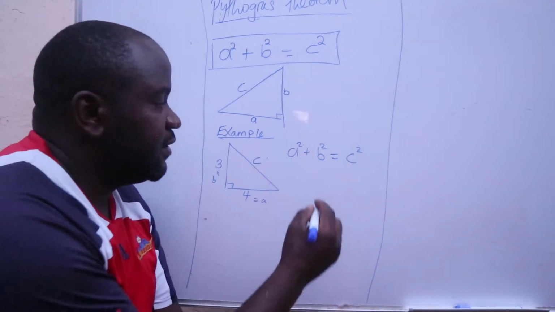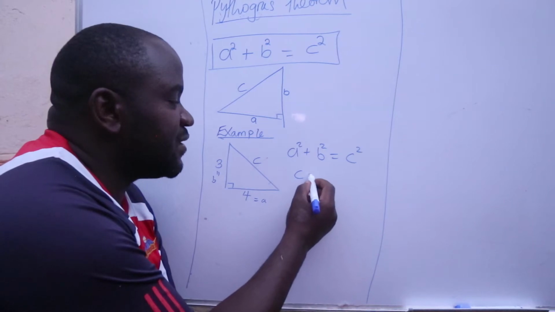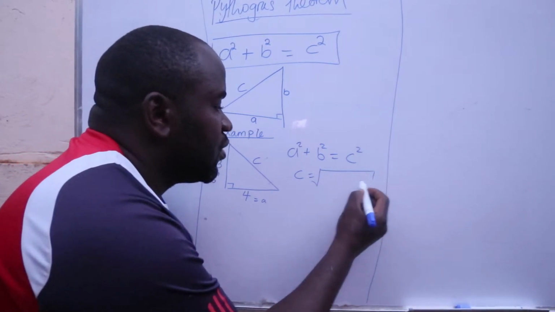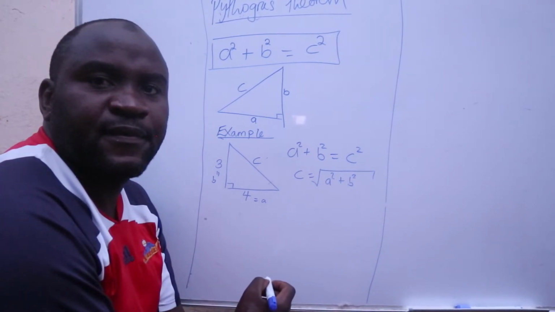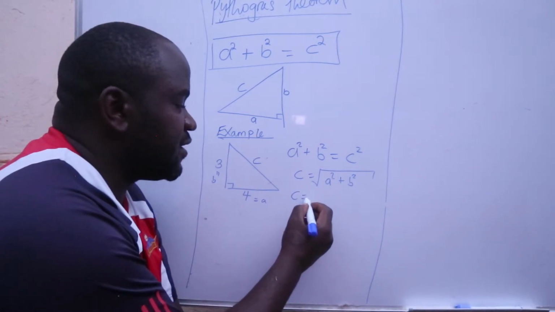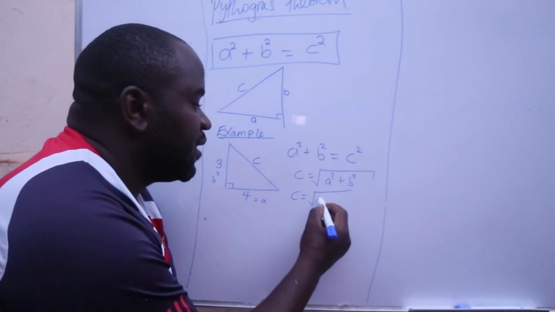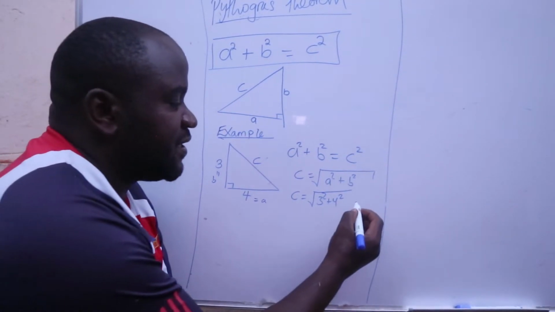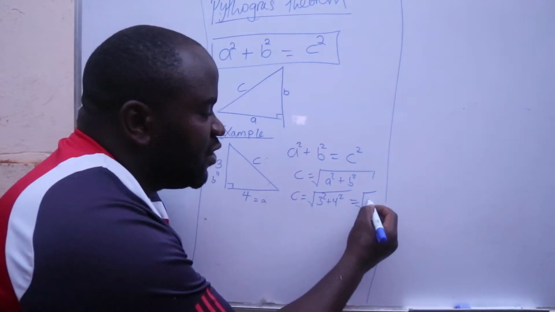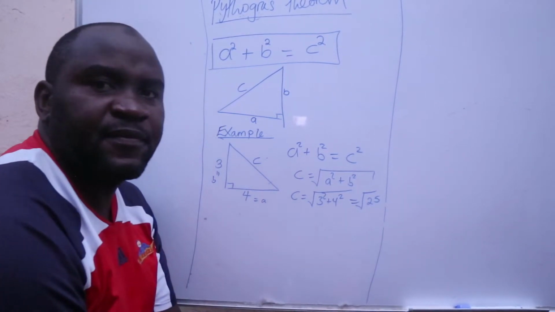With that, I can realize that my C is going to be the square root of A squared plus B squared, and this will give me C is equal to the root of 3 squared plus 4 squared, and this takes me to the square root of 25.